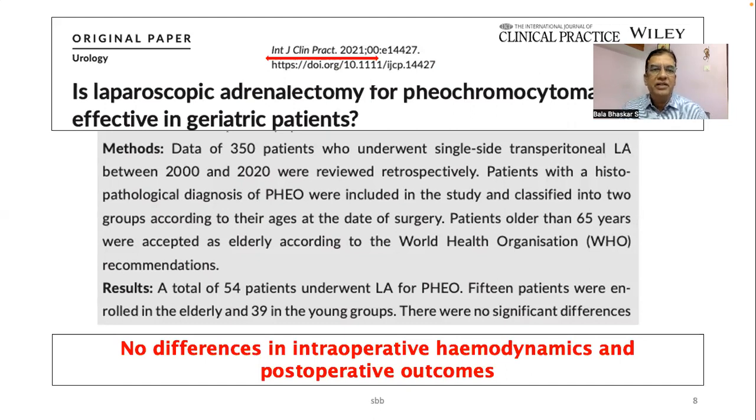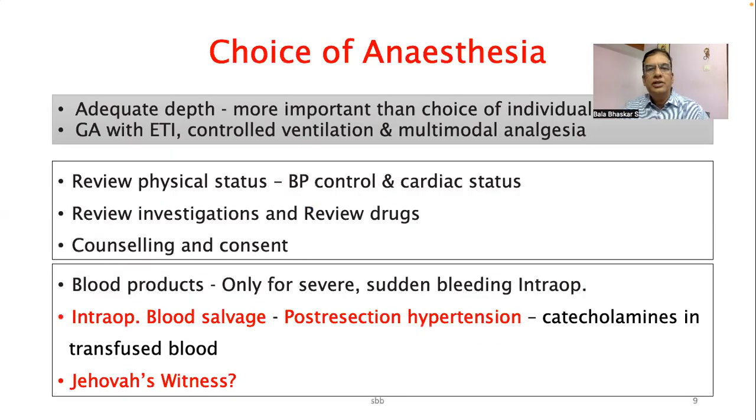So this was a study where they compared 54 patients. Of them, 15 were elderly and 13 were younger groups. They found that there were no differences in intraoperative hemodynamics and post-op outcomes. So what it means is the choice of anesthesia per se doesn't matter in terms of technique here. It is mainly in terms of the adequate depth of anesthesia, which is suitable or customized for each individual.